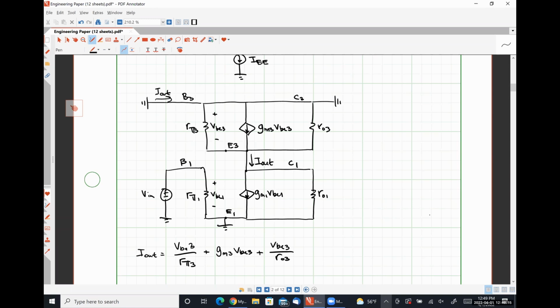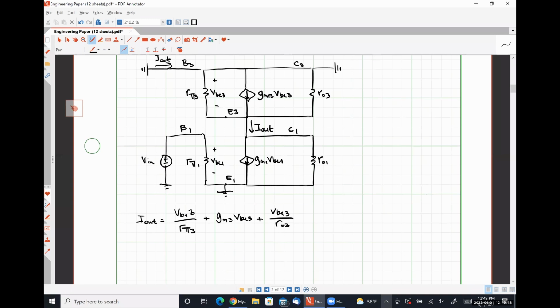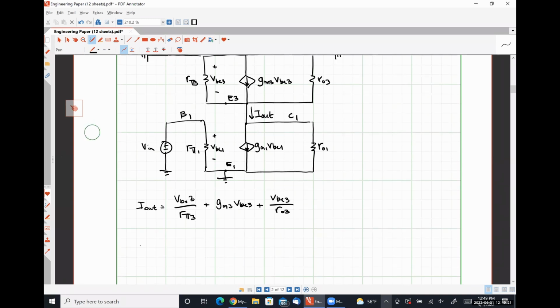So I out, we apply KCL at this other node here. Is GM1 times VBE1, where VBE1 by inspection is VN. And then we have a voltage of VBE3 here.